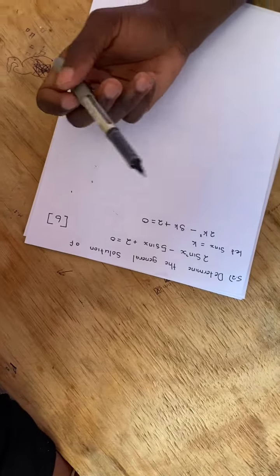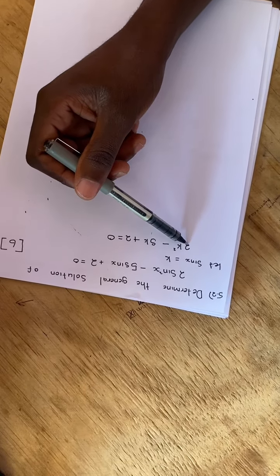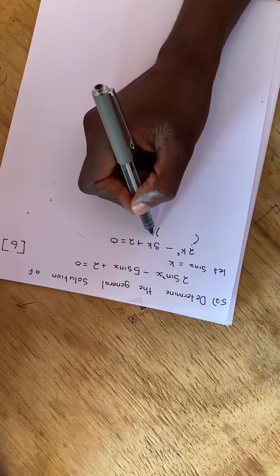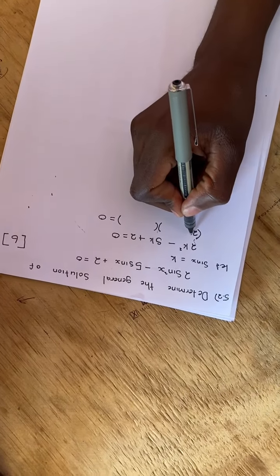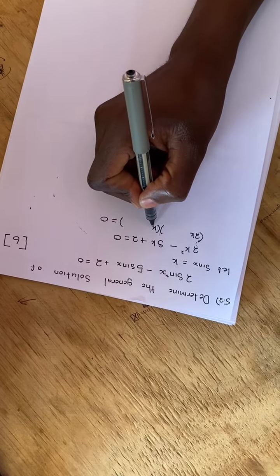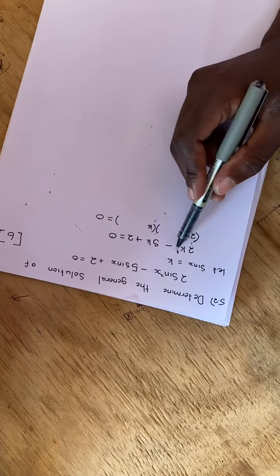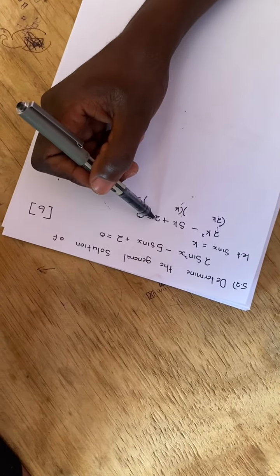You can solve this in different ways. Some people multiply the a value with the c value. Some can just solve it as it is. It will be 2k, it will be k. When you multiply k times 2k, it gives us 2k squared. The factors of 2 are only 1 and 2.